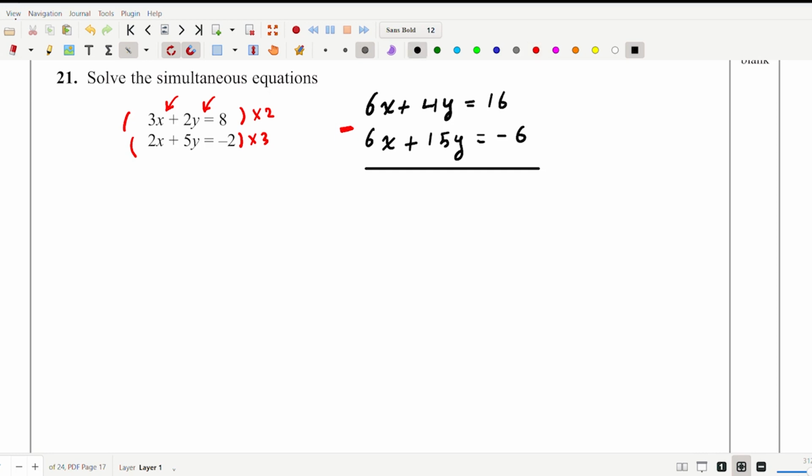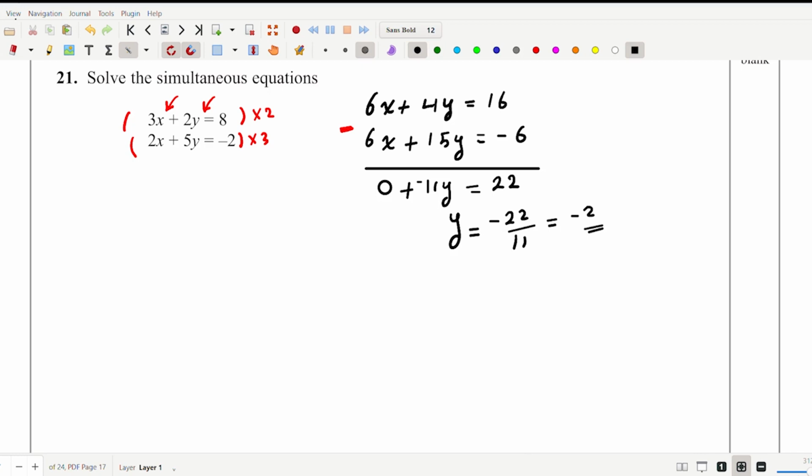Now 6x minus 6x is 0, plus 4y minus 15y is minus 11y, equal to 16 minus minus 6, which is 22. Divide both sides by minus 11, and you will get minus 22 over 11, and this is equal to minus 2. Now we find y is minus 2.